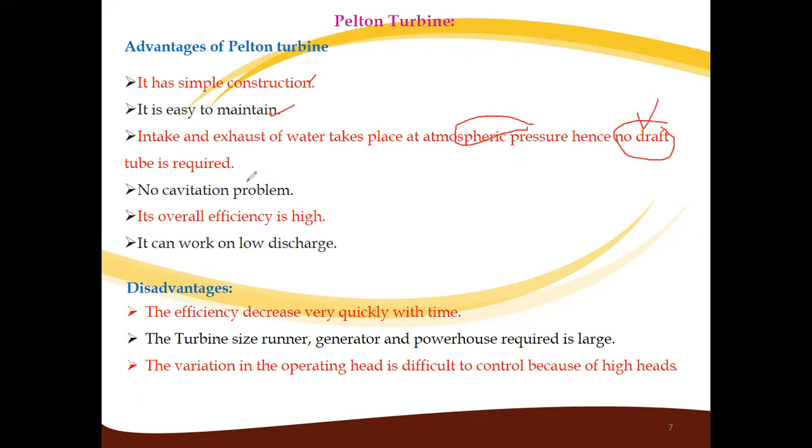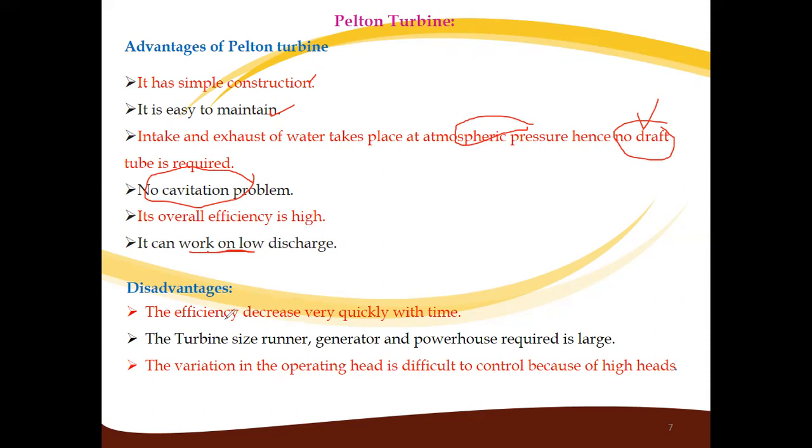In a Pelton turbine there is no cavitation problem, the kind of problem we have seen in pumps. In a reaction turbine there will be a cavitation problem. The overall efficiency of the Pelton turbine is high, and it can work with a low discharge also.